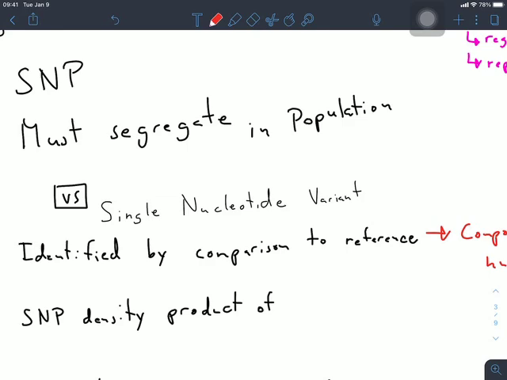Or are you using an individual that is more intermediate, or an ancient skeleton from a long time ago who will have variants that maybe don't exist today? There are lots of different things that you need to consider when talking about SNPs in your reference genome.